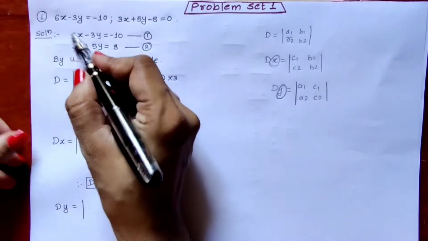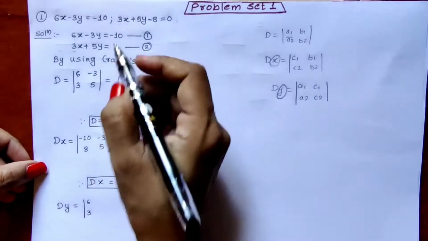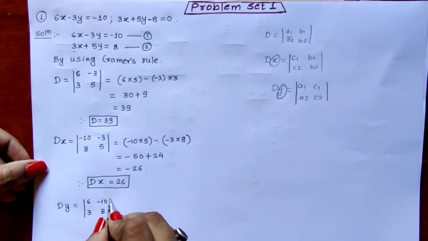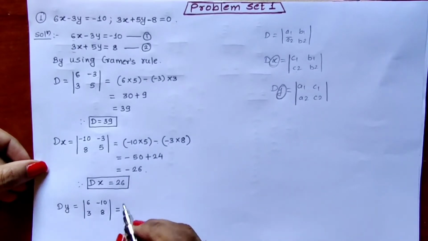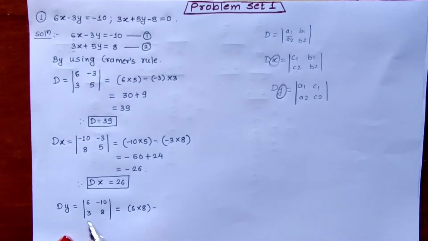So a1, a2 means 6 and 3. Coefficients of x are 6 and 3. c1, c2 means constant terms, minus 10 plus 8. Cross multiply, we get 6 into 8 minus 10 into 3. 6 into 8 is 48.